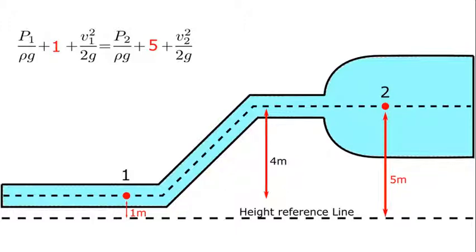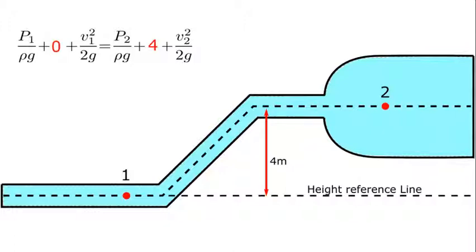As we're really only interested in the difference between the 2 sides, which in this case is 4 meters, it is common practice to place the line at the height of the lower of the 2 locations. So our static head value on one side will simply go to 0. So these are our static heads resolved.